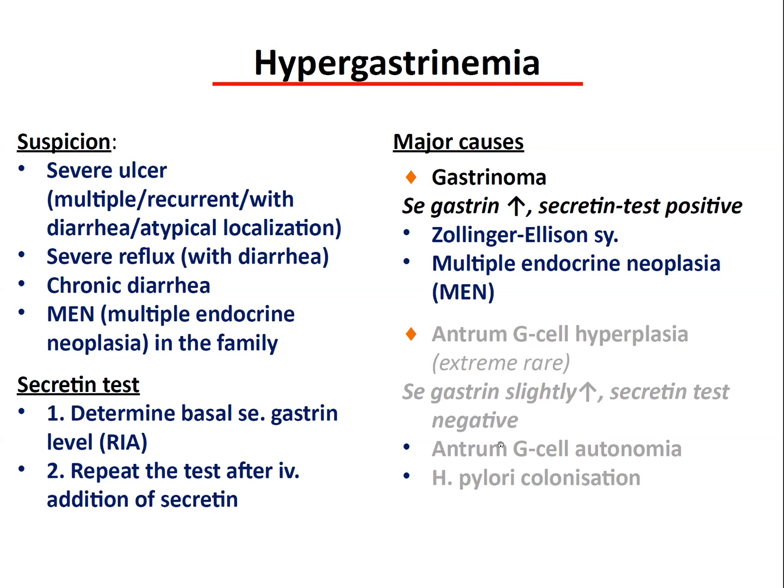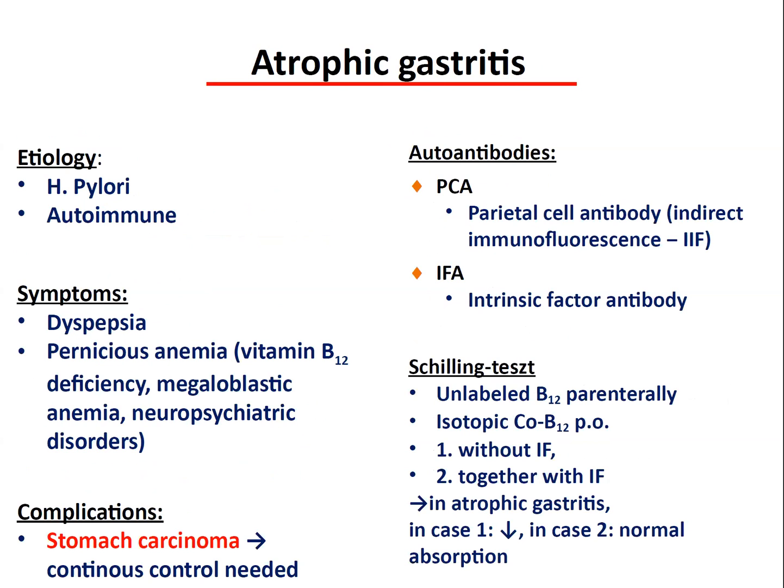Now, the secretin test determines the basal gastrin level, and after giving some IV secretin, this is how you measure how high the gastrin level gets.